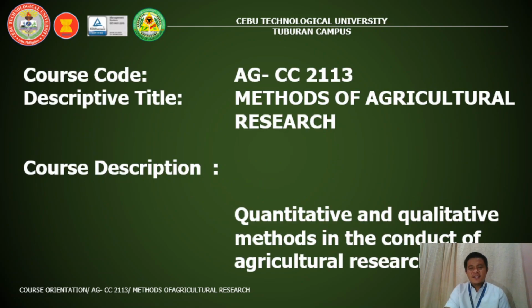Okay. So our subject is AGCC 2113 Methods of Agricultural Research. The course description is quantitative and qualitative methods in the conduct of agricultural research. So quantitative are those researches that involve experiments.